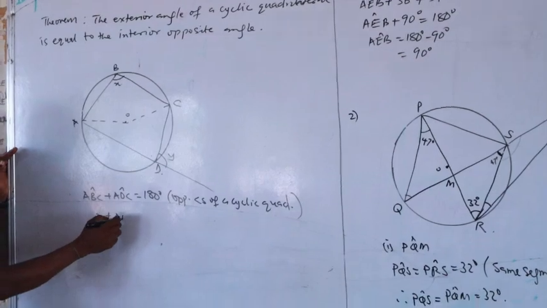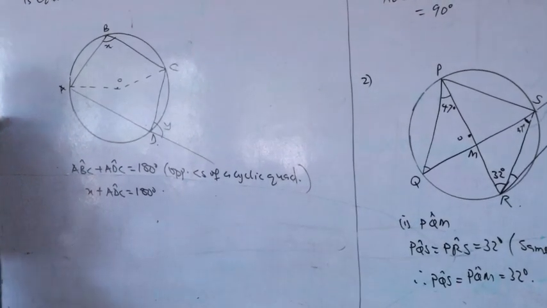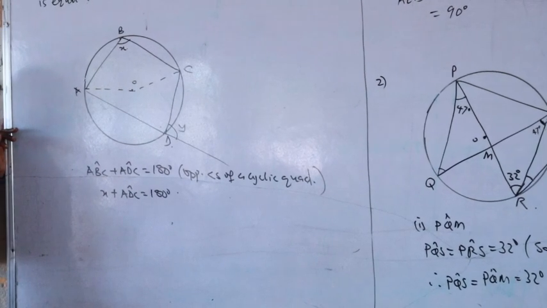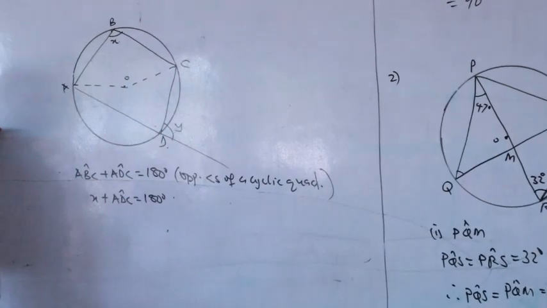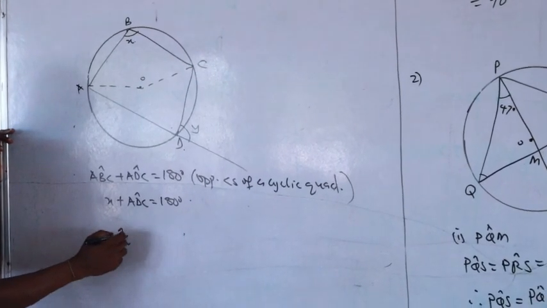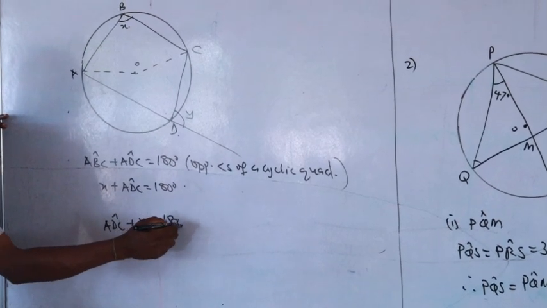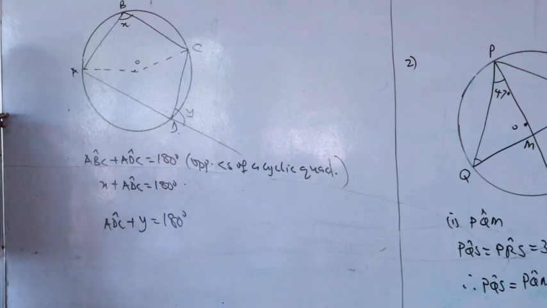X plus ADC is equal to 180 degrees. I can leave that equation. Now let me come to this: ADC plus Y is equal to 180. Reason: sum of angles on a straight line.